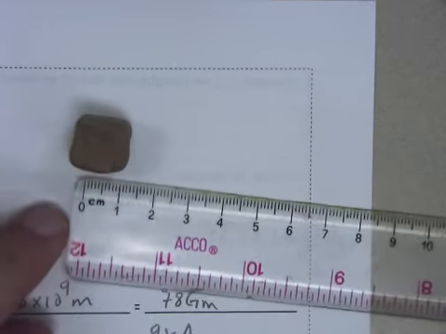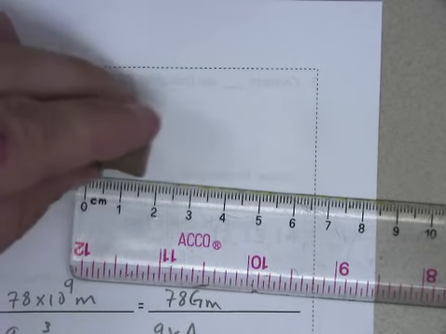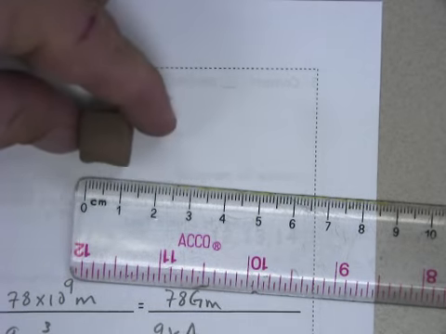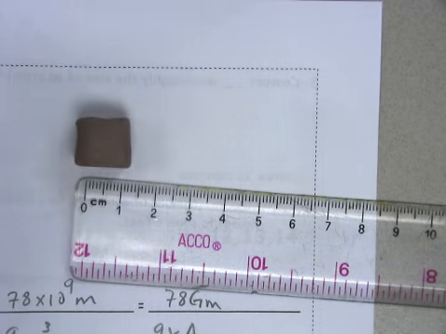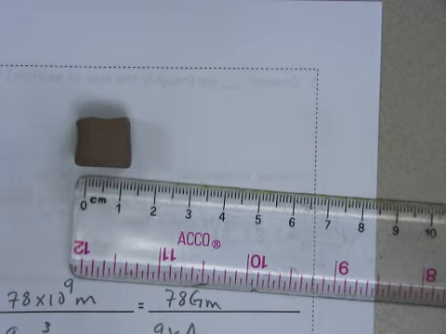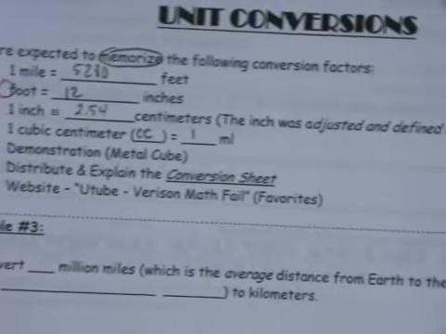This isn't exact, but it's close. If I rotate it again, about a centimeter on a side. And there it is. And we call that a cc or a milliliter. So just need to have a good feel for what that is as we move along through these.